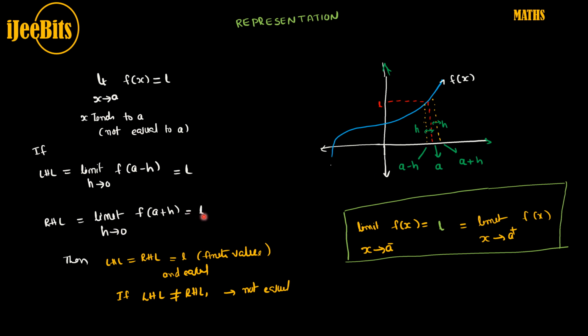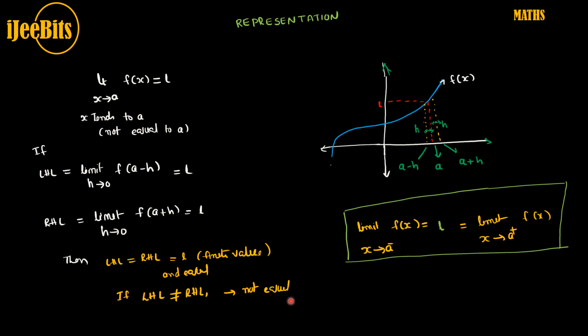If that also gives the same value, then LHL equals RHL. In that case, you will get a finite and equal value. If so, then you say the limit exists at the given a for this f of x. If the LHL is not equal to the RHL, then you say the limit does not exist.